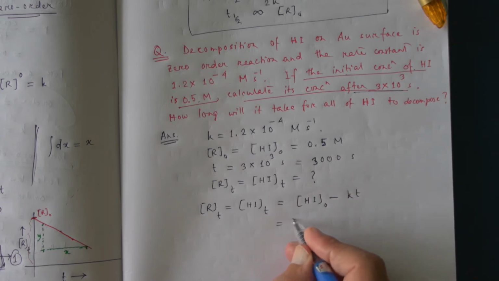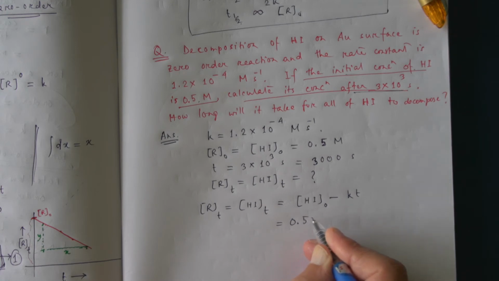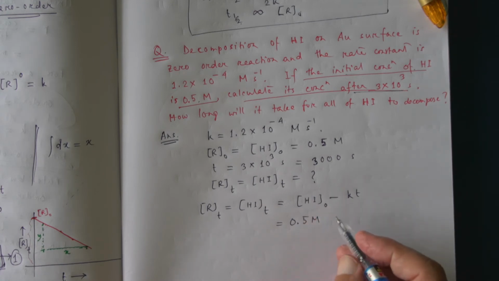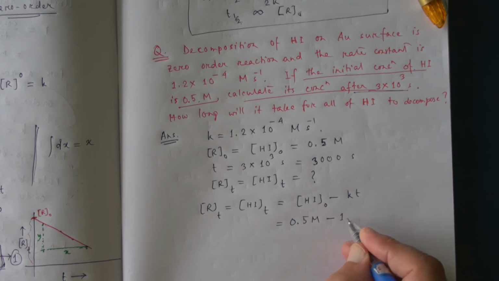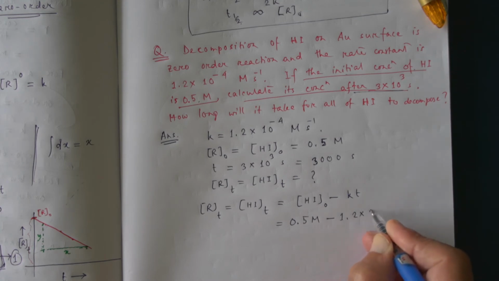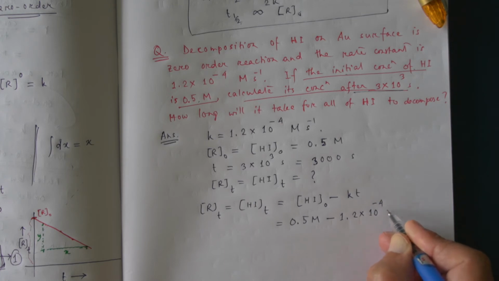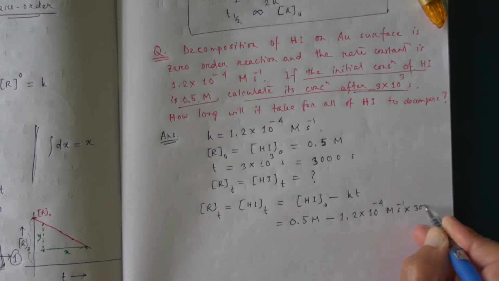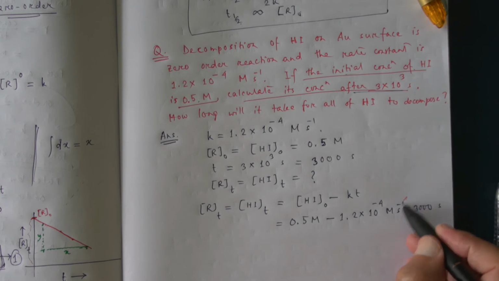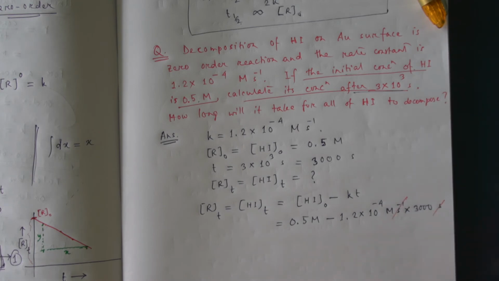So very simple. 0.5 molar initial concentration, minus K equal to 1.2 into 10 to the power minus 4 molar per second into t equal to 3000 second. Now second cancel. So you just simplify and you will get the answer, this much molar.